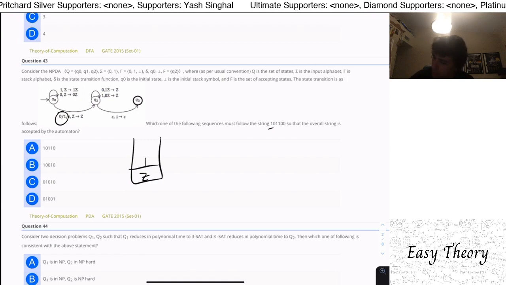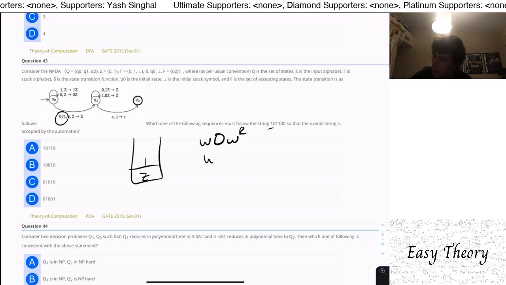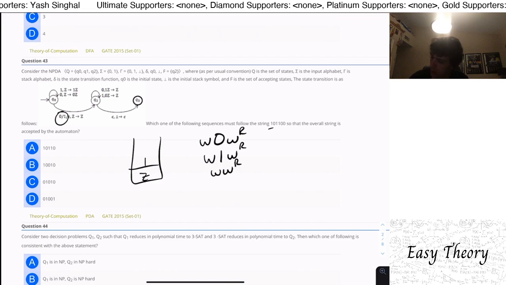Well, if we think about it, we must get either 0, 0, W reversed, or W1, W reversed, or WW reversed. And this string doesn't follow either one of those because it must be this one, and it's not. It's not a palindrome.